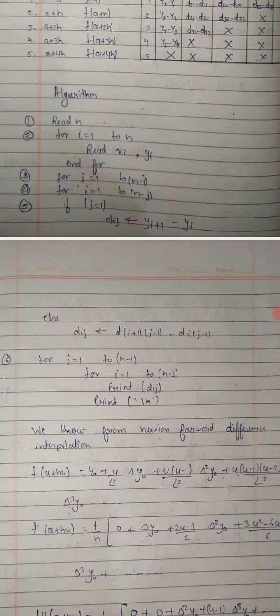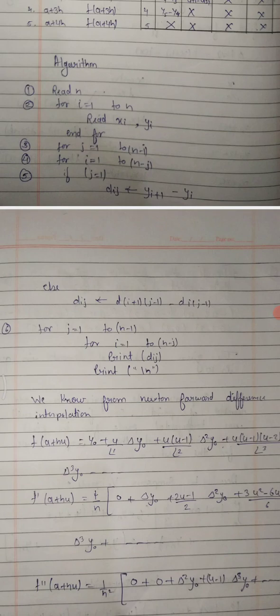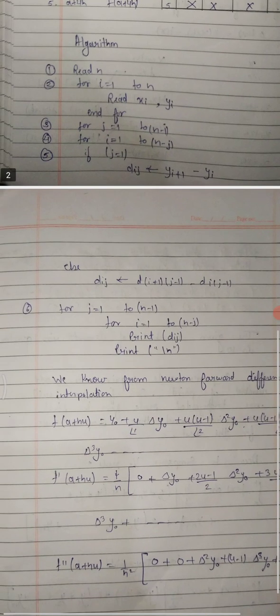Step 5, if j equals 1, then d(i,j) equals y(i plus 1) minus y(i), else d(i,j) equals d(i plus 1, j minus 1) minus d(i, j minus 1). Step 6, for j equals 1 to n minus 1, for i equals 1 to n minus j, print d(i,j), print newline.